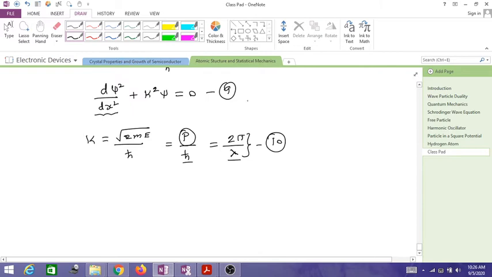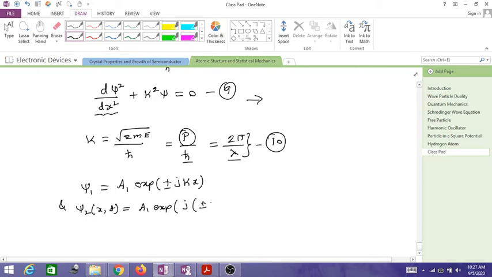So if we solve equation number 9, then we get the solutions for psi 1, which is equal to A1 into exponential of plus or minus jkx, and psi 2 of x comma t is equal to A1 into exponential of j times plus or minus kx minus omega t.